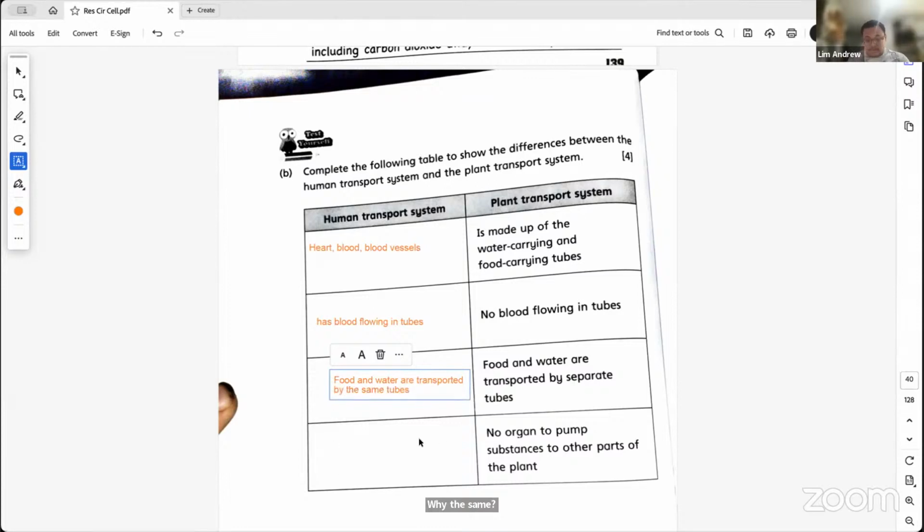Last question. For the plant transport system, there is no organ to pump any substance, but for humans, there is an organ known as the heart to pump blood to other parts of the body.